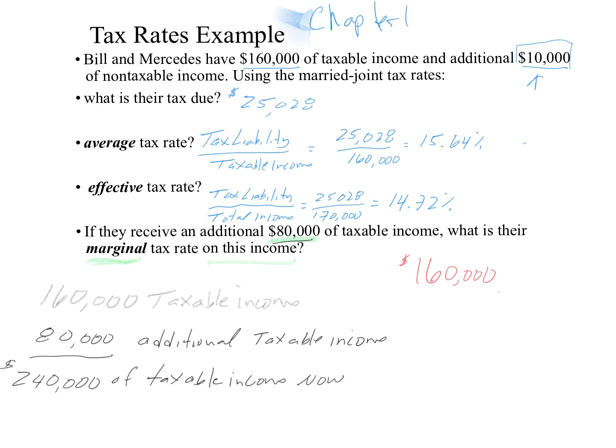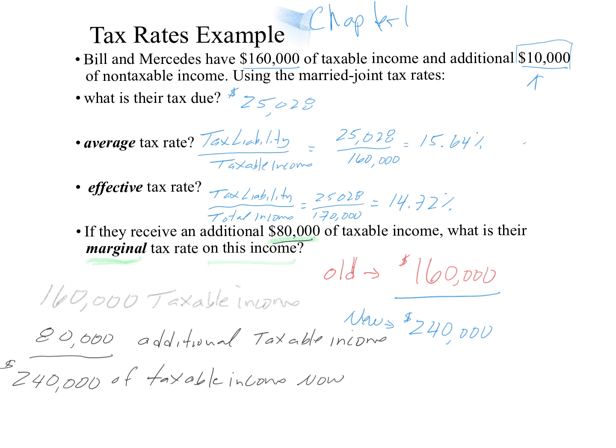Now, they have $240,000 of taxable income. So this is their old taxable income, and this is their new taxable income. Okay, so I'm going to move forward on a slide so that we can look at our tax rate schedule.